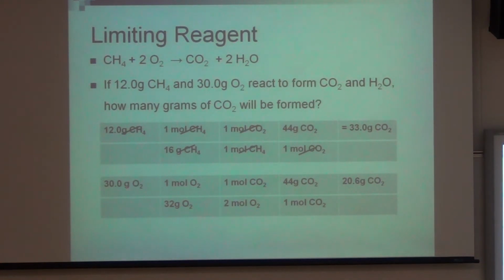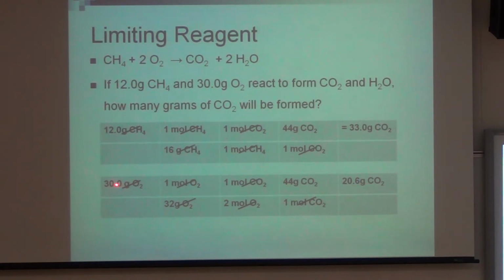When we do the next one, our oxygen, same steps, except the first couple of steps, but our last step is always going to be the same. 44 grams per mole of carbon dioxide.